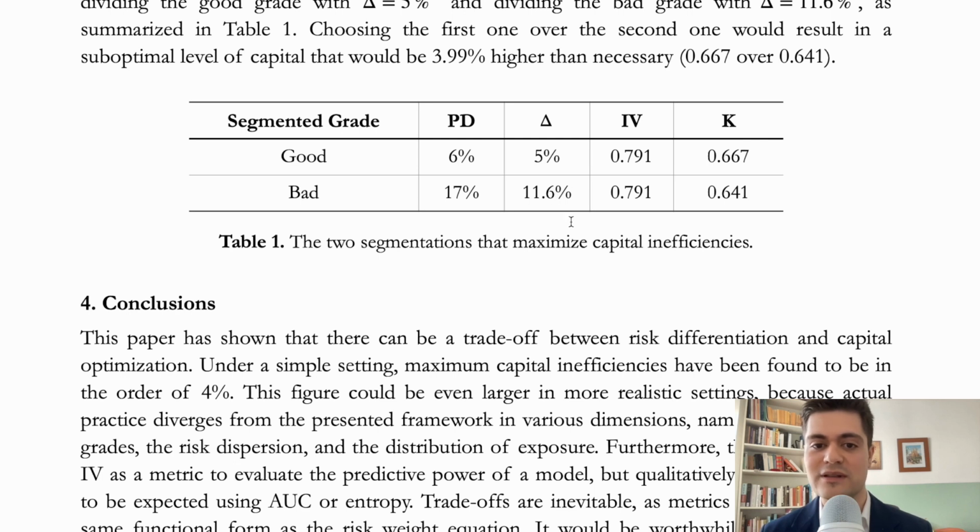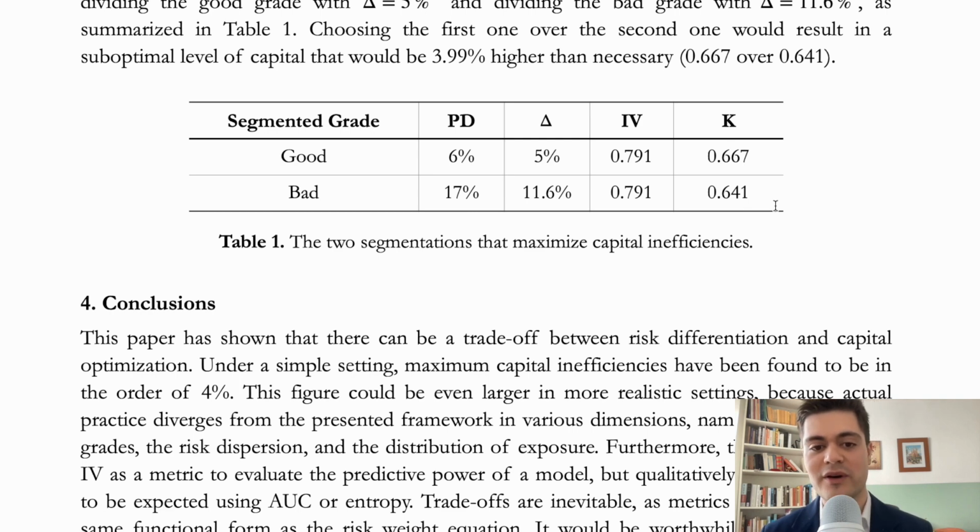For these values, the two segmentations have the same information value. But what happens with K? The first one is 0.667 and for the bad one, it's 0.41, which means that the financial institution, if it chooses the first one over the second, would be obligated to hold 4% higher capital than necessary.